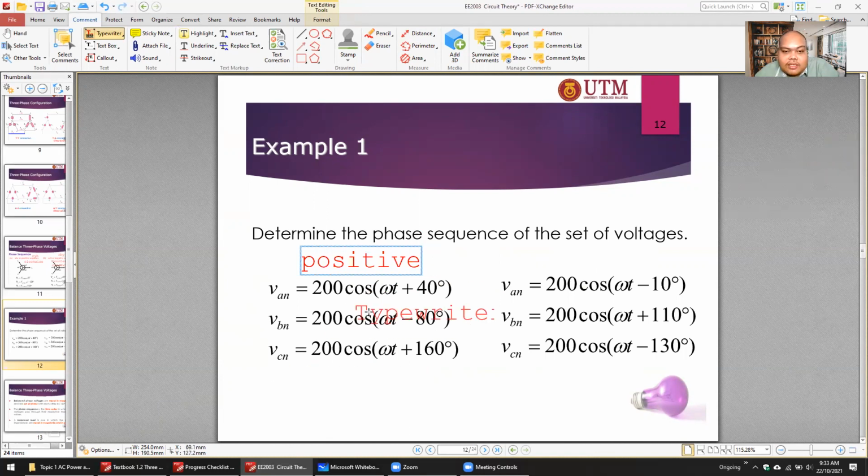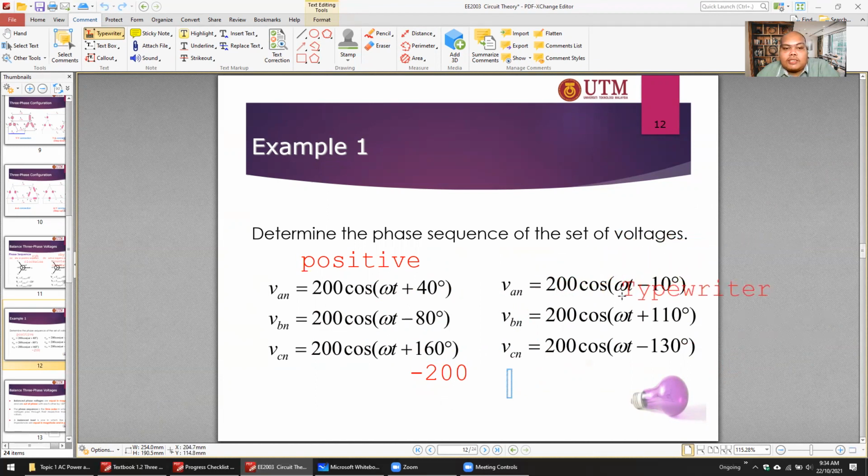Why? Because from A to B, it moves towards negative. From B to C, it moves much further towards negative actually. So this one is actually negative 200. So make sure you know how to convert positive 120 to this one.